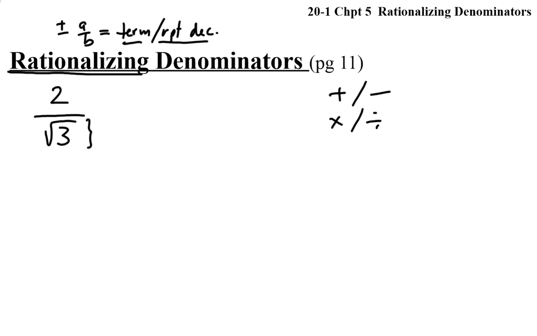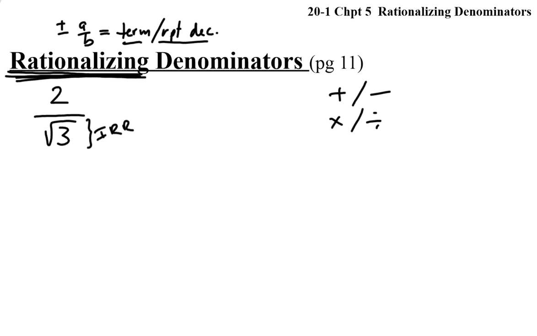It's an irrational. This is actually an irrational value because root 3 is a decimal that goes on forever. Well, we want to take the denominator and we want to put it into a rational number instead of an irrational. So that's what we're doing, getting rid of roots, radicals from denominators because they're not rational values.